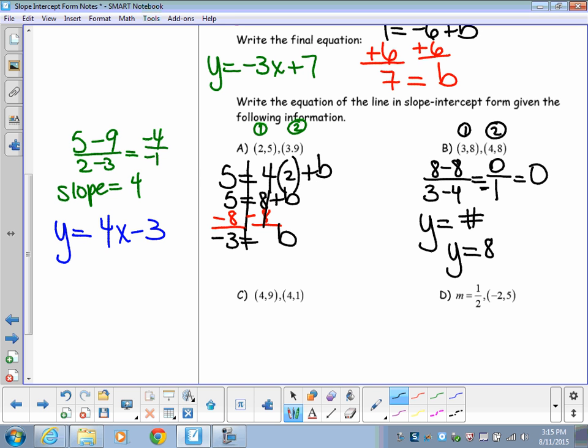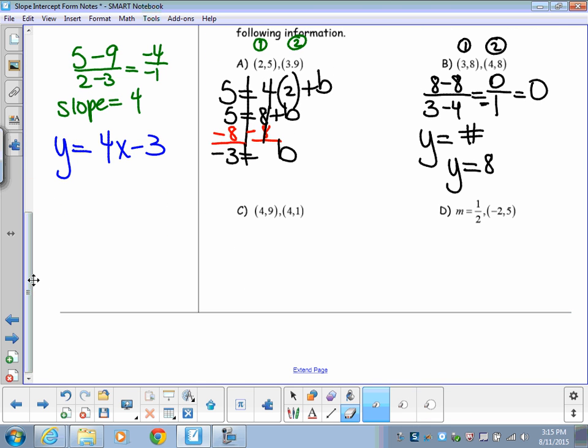Now, let's do problem C. Again, before I do anything, I need to label my first set of ordered pairs and my second. That's my first set. That's my second set. And so now I use my slope formula.